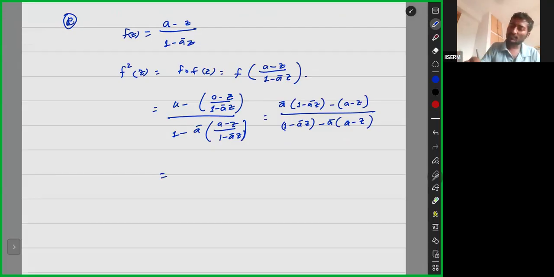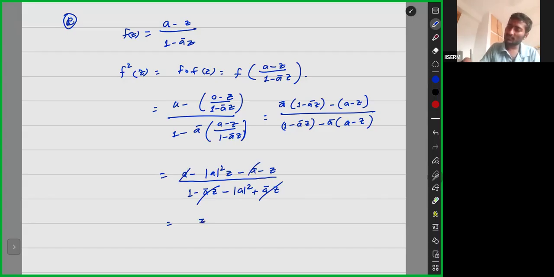Further solving this, what we get? A minus A square Z minus A minus Z, over 1 minus A bar Z minus A bar A plus A bar Z. So plus A bar Z and minus A bar Z get cancelled, and A and minus A get cancelled.